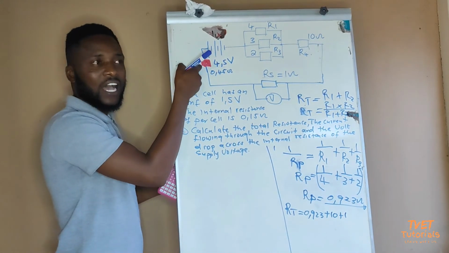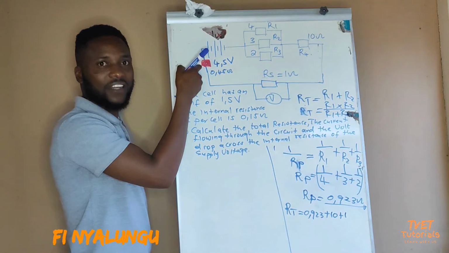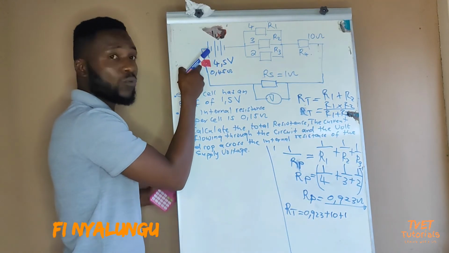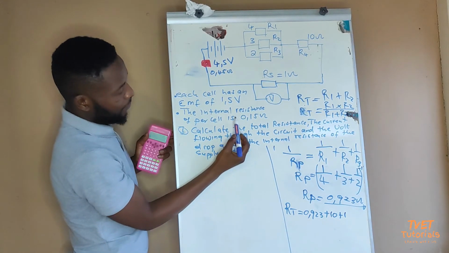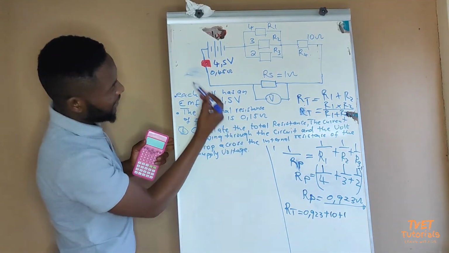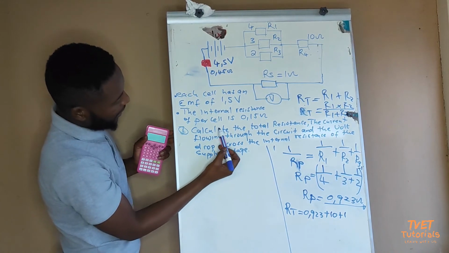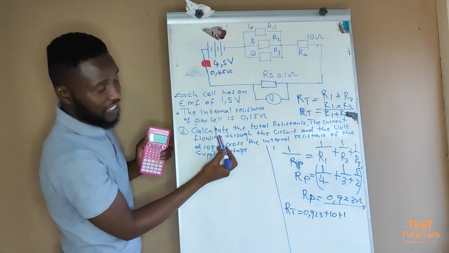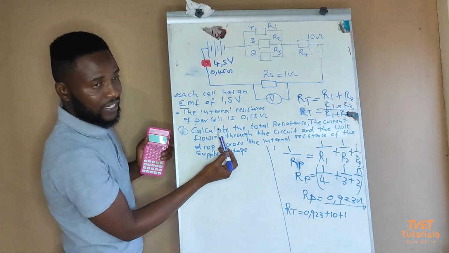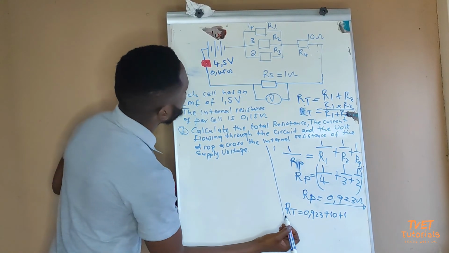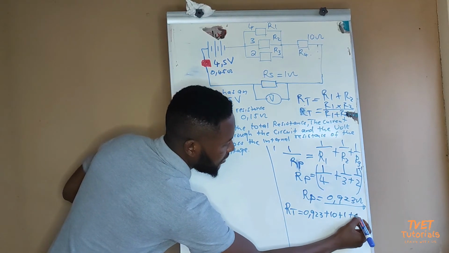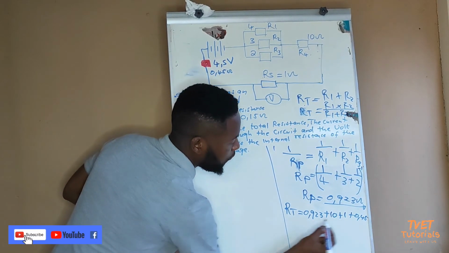We also have our total internal resistance that was calculated, just to remind you, by multiplying the number of cells by the internal resistance of each cell. So we got 0.45.